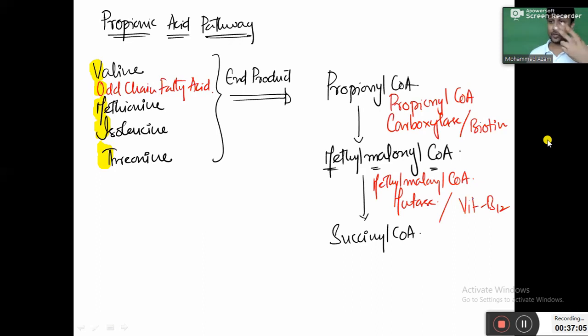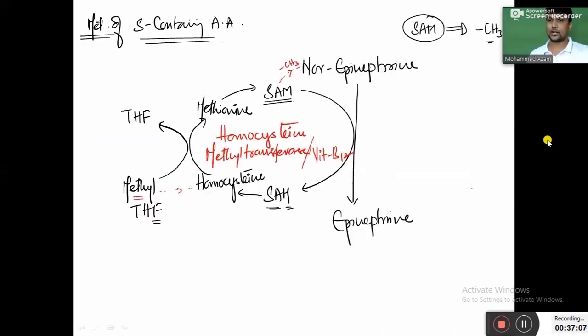Vitamin B12 is required for how many enzymes? Two enzymes. Now look at the screen. Please don't write. If the patient has vitamin B12 deficiency, this enzyme is not working. I'm telling you again and again. If this enzyme is not working, this reaction is not taking place, then homocysteine levels will go up.